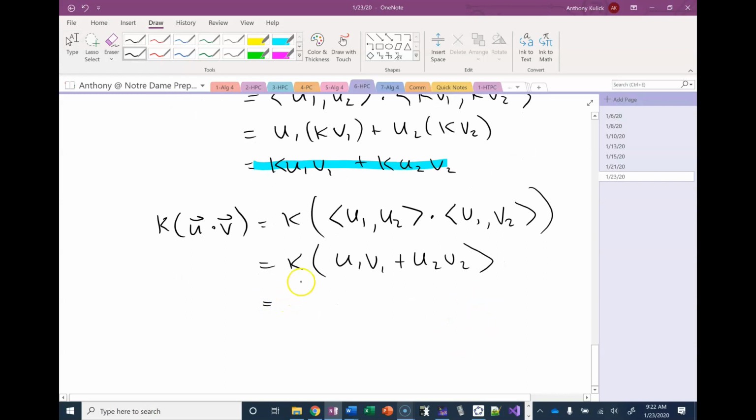And then because k, u1, v1, and u2, v2 are all real numbers, I know the distributive property holds. So I'm just going to distribute the k through. Oops. And I have, oops, exactly the same thing.